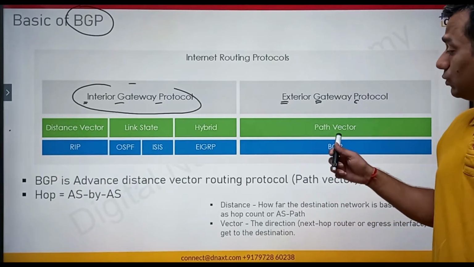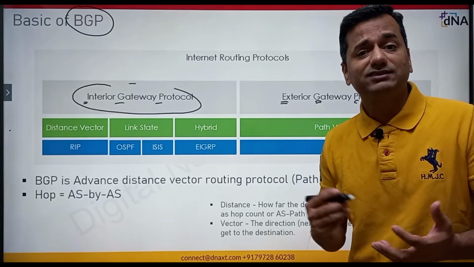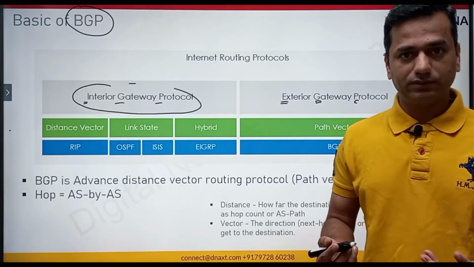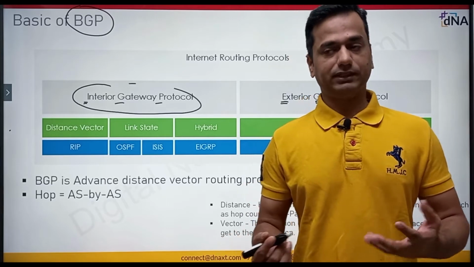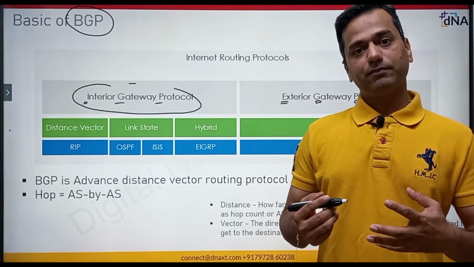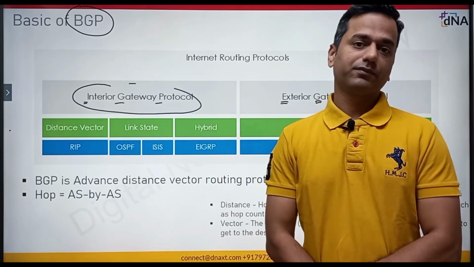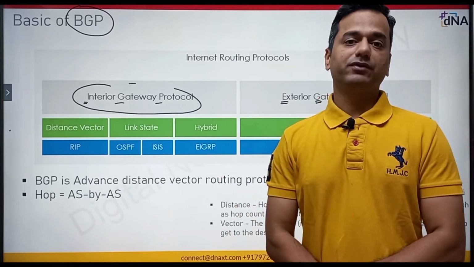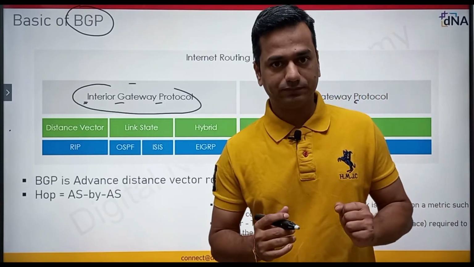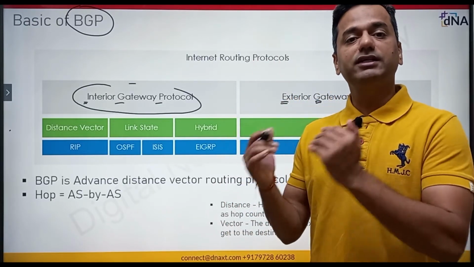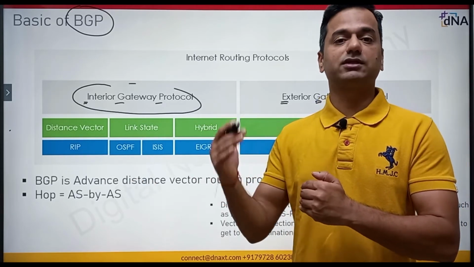So when we say BGP, BGP is an advanced distance vector routing protocol, or you can say path vector. Like RIP calculates the best path selection based on the hop count, in BGP we can say this is the advanced distance vector routing protocol. So it will judge the distance based on AS by AS, autonomous system to autonomous system.